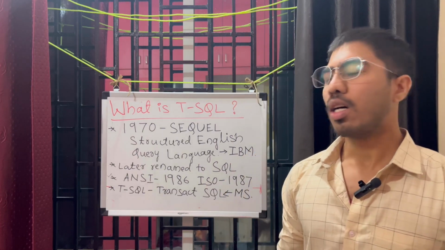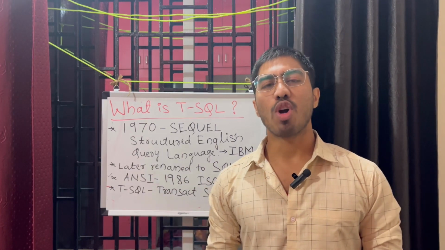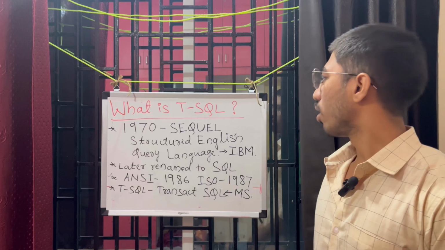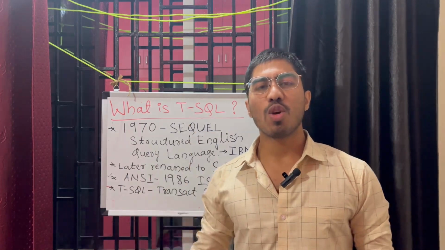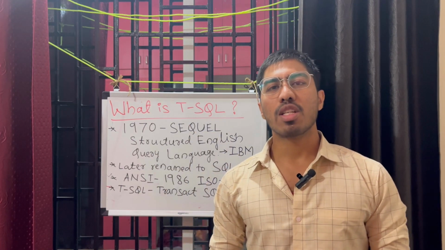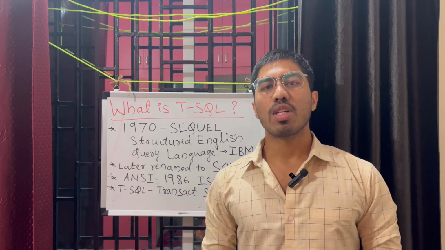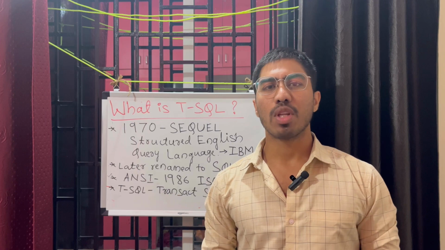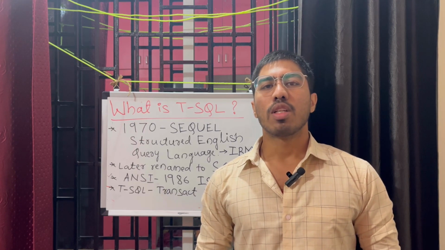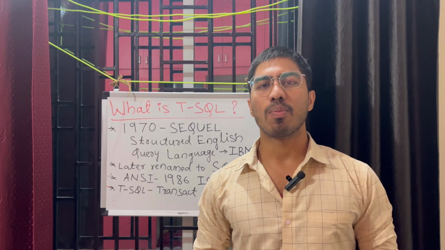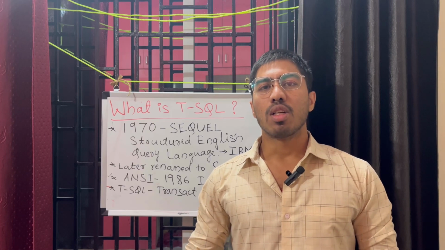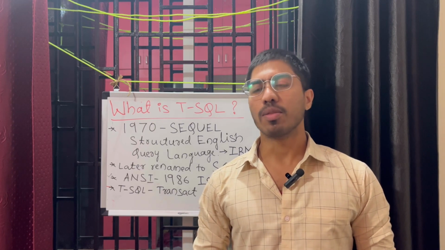Okay, I have written some brief points on the whiteboard. SQL was previously called SEQUEL, which stands for Structured English Query Language, because it was similar to the English language, so that humans can also understand it.